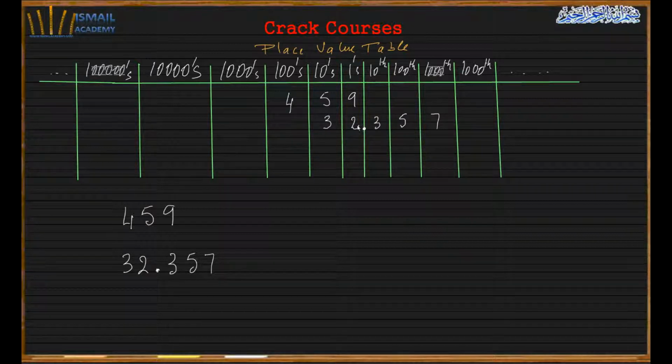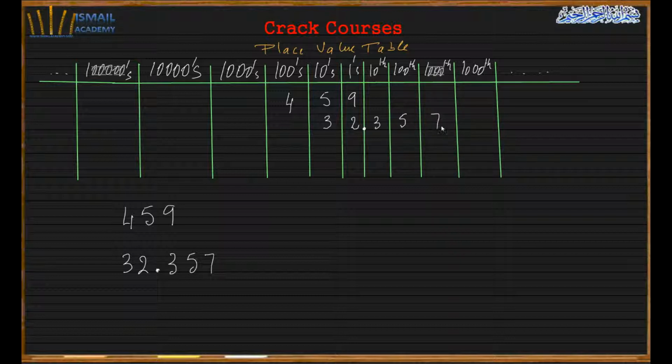So I read this one, which is 32, and I read this number as if it was an integer number. So if it was like here 357, it is the same thing, 357. The difference here is we read it as a whole number 357, but we always add the quantity of the last digit.